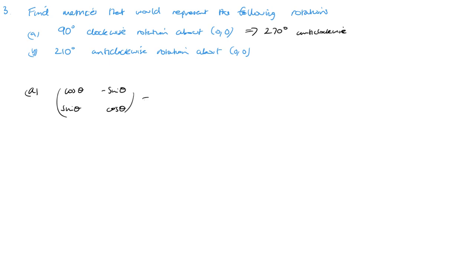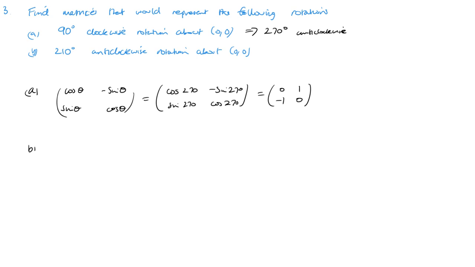Okay, so we want cos of 270, minus sine of 270, sine 270, cos 270. Now cos of 270 is 0, so these two are 0. Sine of 270 is negative 1, so that's negative 1, and this is minus minus 1, so it's 1.